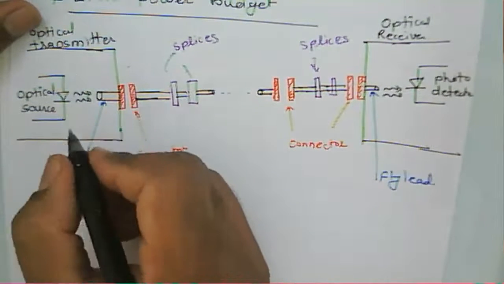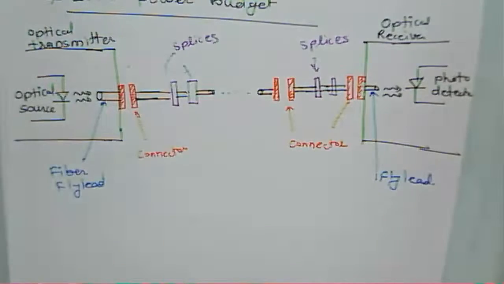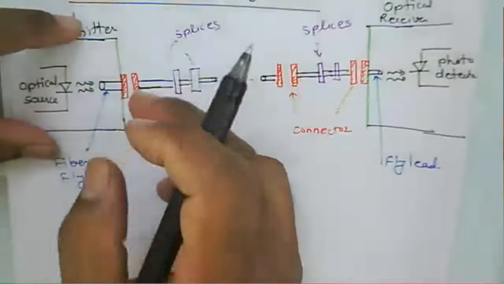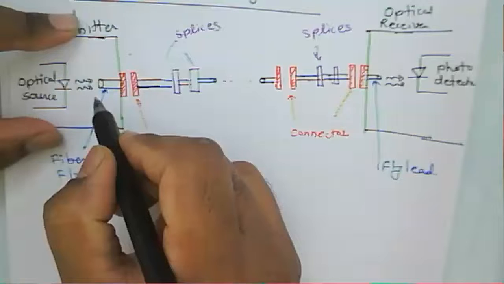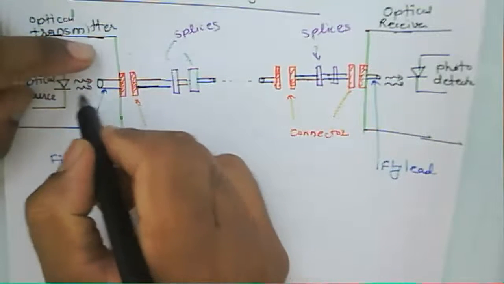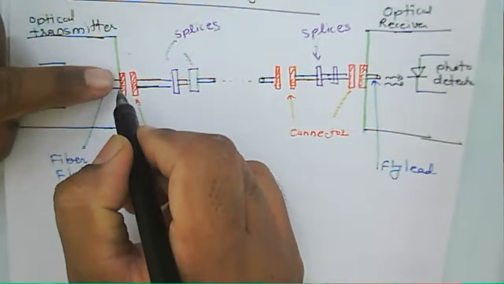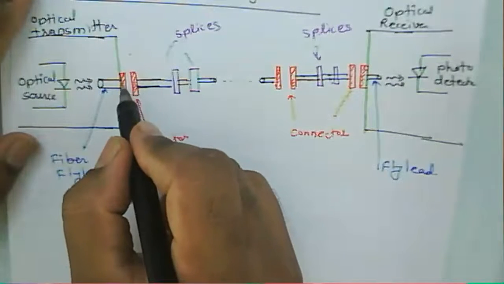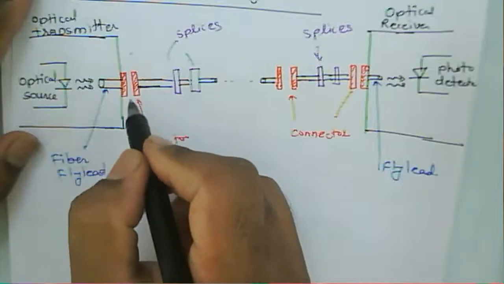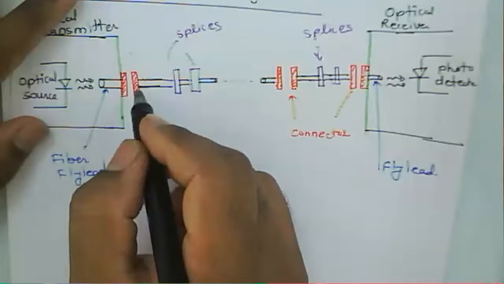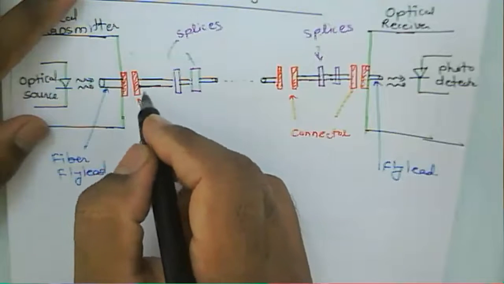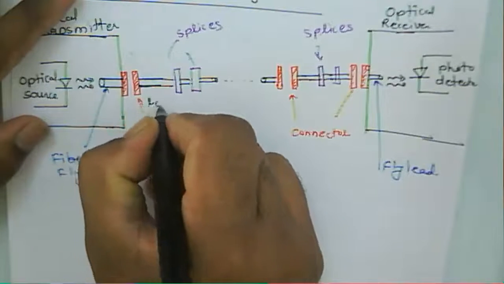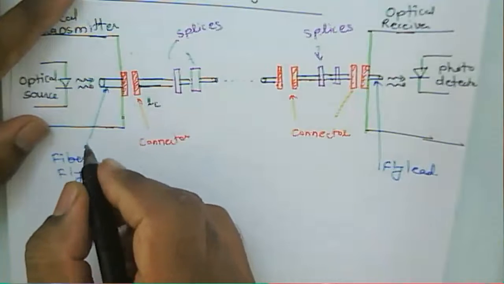Now, in this overall diagram, this is the transmitter part. For the source, there is a fiber fly lead. That is the transmitter block, and then to connect a fiber we require a connector. There may be losses at this connector, that is the LC.